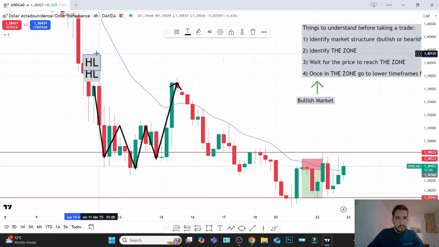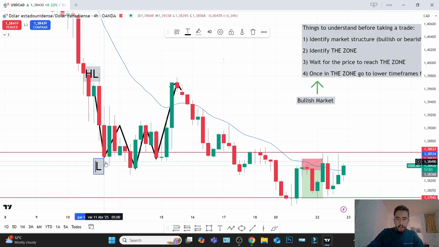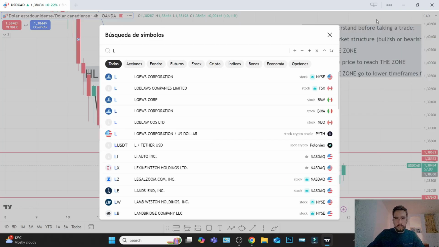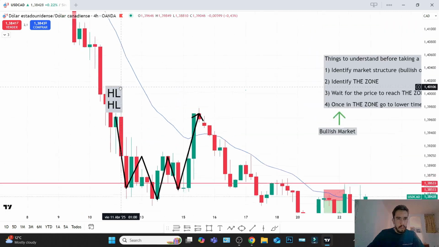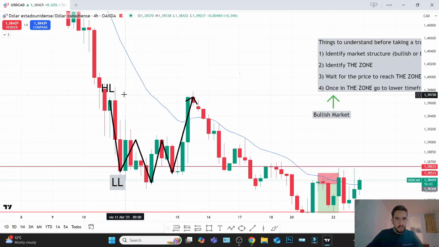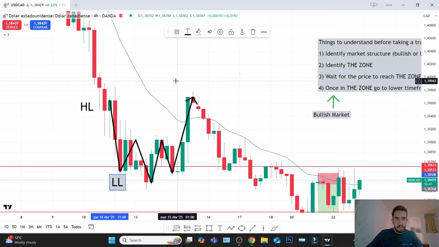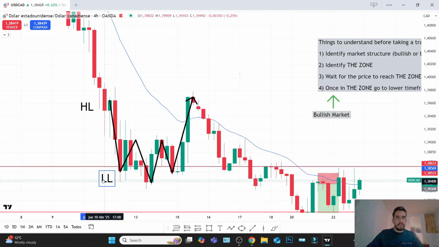So I'm gonna put this here. This will be a lower low, just right here. Let me just remove the background. I don't like the background for this part. So we have the higher low and the lower low.